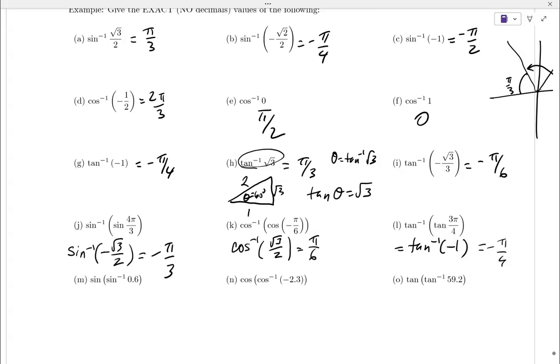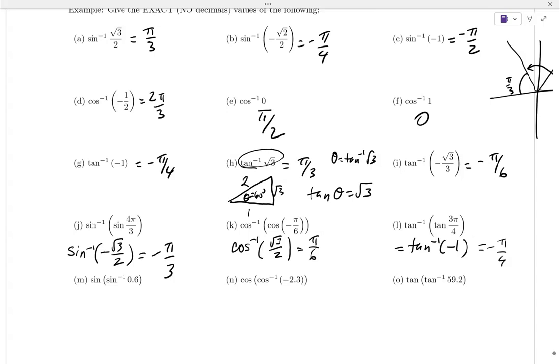What I mean by that is, let me redraw the picture and erase this one. Four pi over 3 is over here, right? And eventually we're getting to inverse sine, correct?